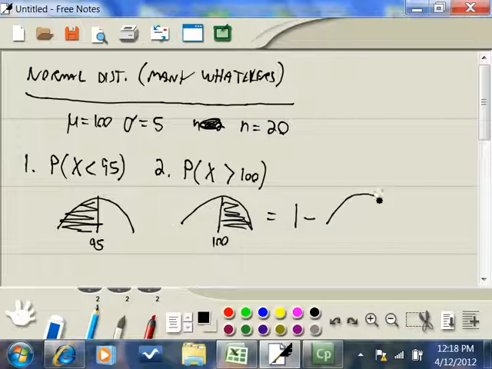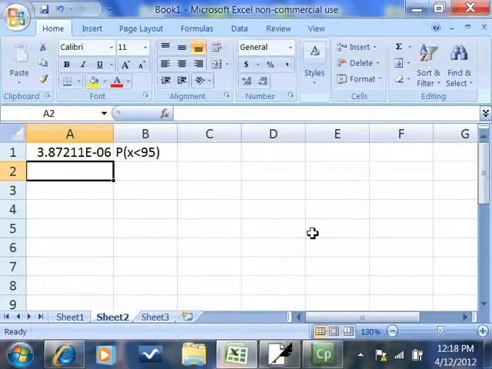So we'll subtract it from 1. 1, again, is everything. So if I have the entire bell curve shaded, and if I cross off the area to the left of 100, that'll leave me the area to the right of 100. And now it's in perfect form for Excel.